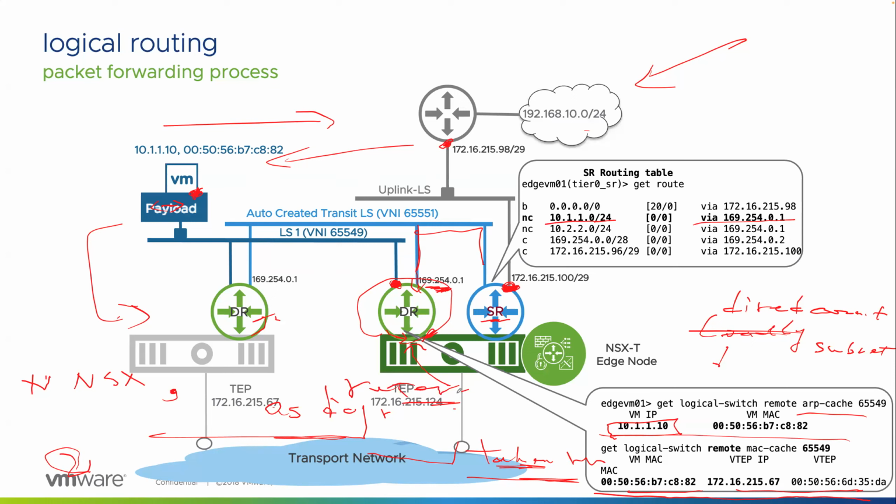In terms of packet forwarding perspective, always use the closest DR, always use the closest router. We don't use this. This is not the closest DR, right?